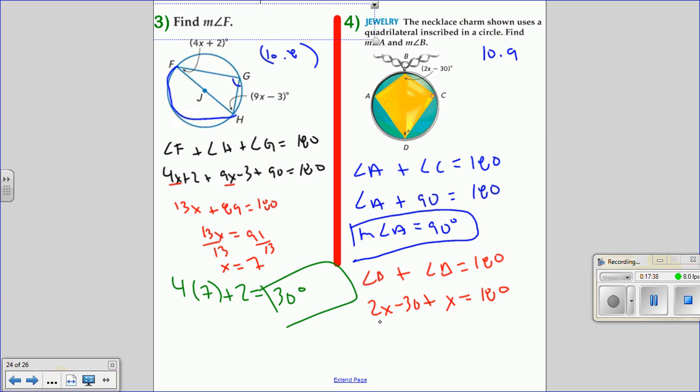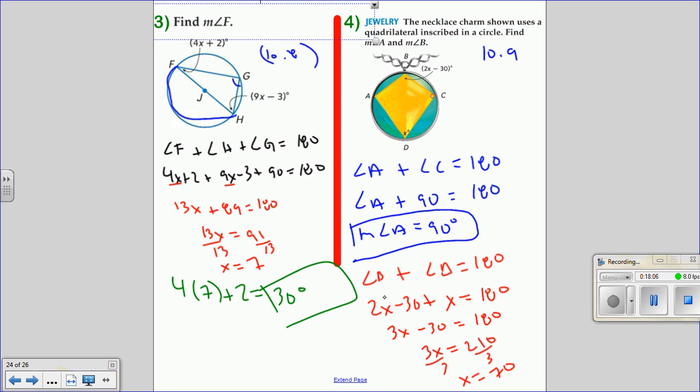Combine like terms. So 2x plus x would give you 3x minus 30 equals 180. Add 30 to both sides. You would have 3x is equal to 210. Divide by 3 on both sides, and you would get x is equal to 70.